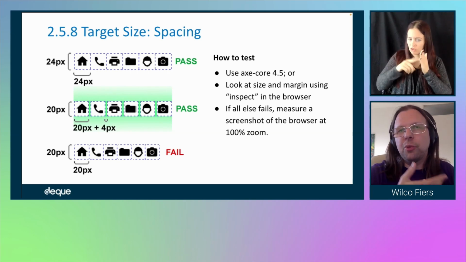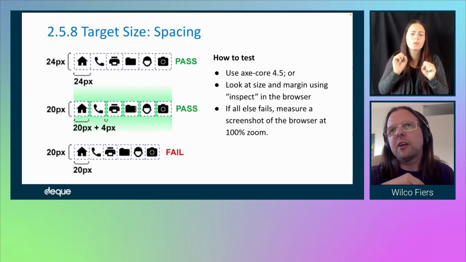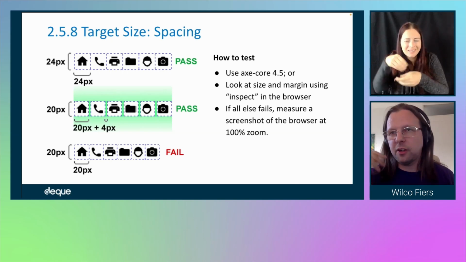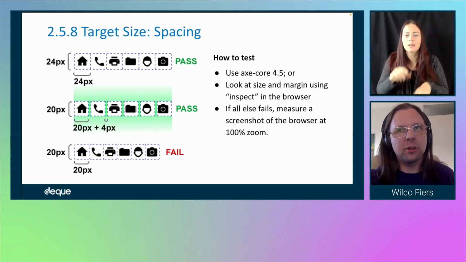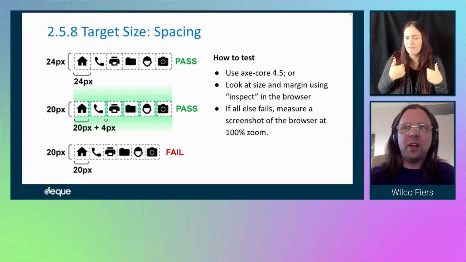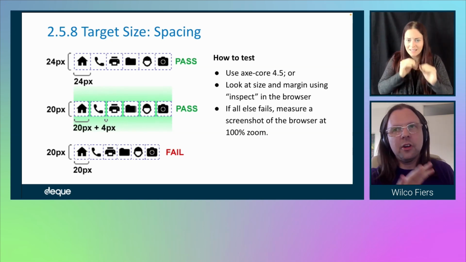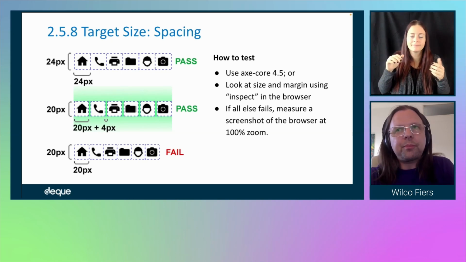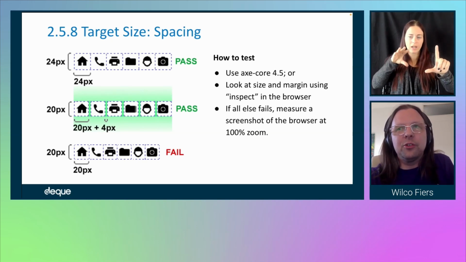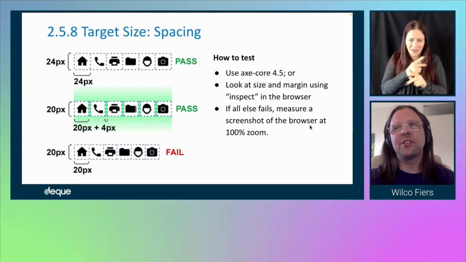You can also just use the browser inspect tool where you can look at the size and margin of a component. That is a reasonably reliable way to check these elements. And if all else fails, like you might have a complicated canvas-based application, screenshots will do. That's not ideal, so we do hope to use tools for most of this.